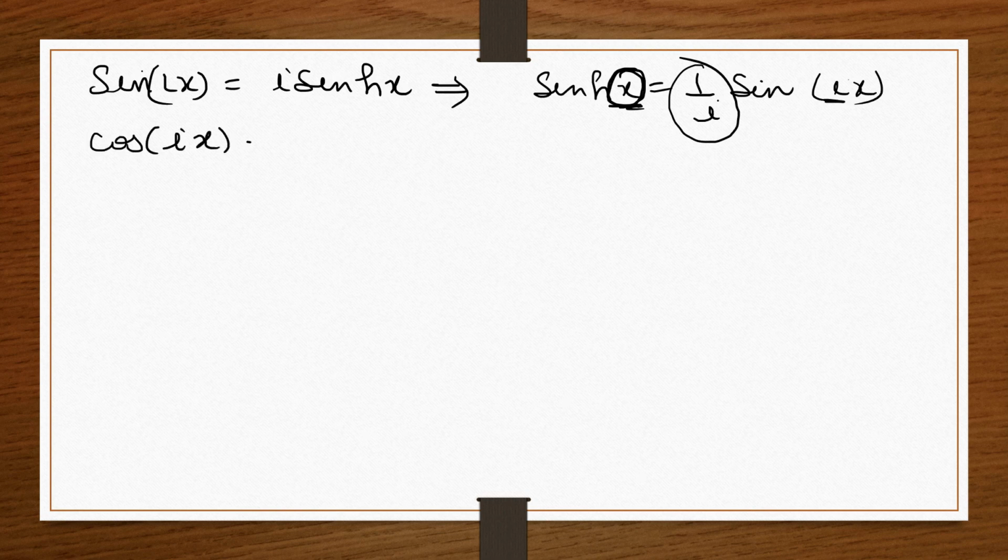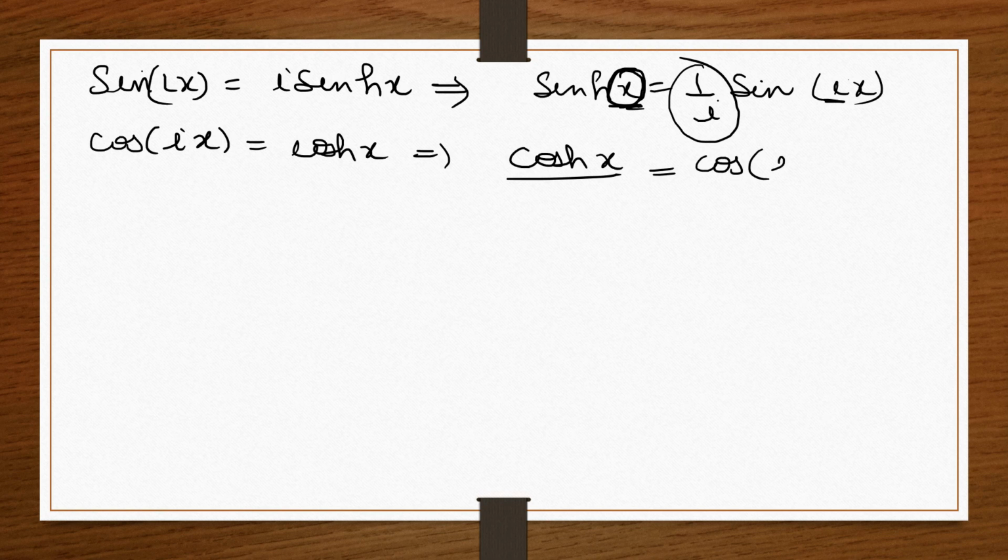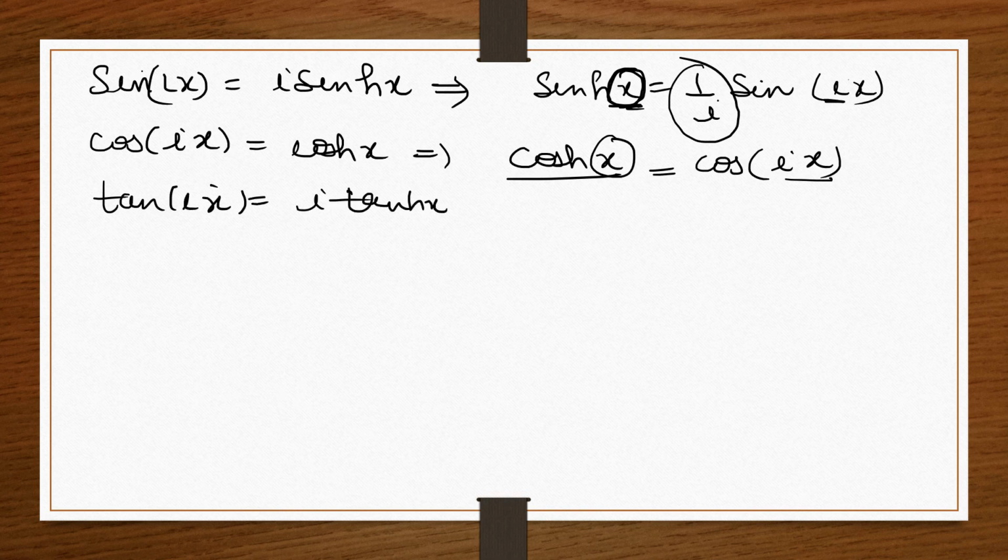Similarly, cos of iota x is cos hyperbolic x. This implies you can directly convert cos hyperbolic to the circular function by just multiplying the number with iota, right? Similarly for tan, this was iota tan hyperbolic x, so that means tan hyperbolic x is 1 by iota tan iota x.